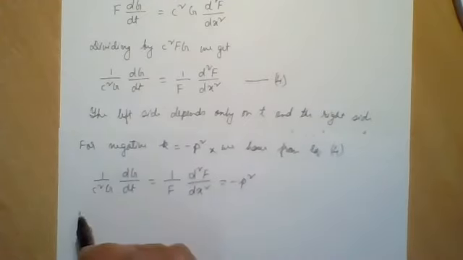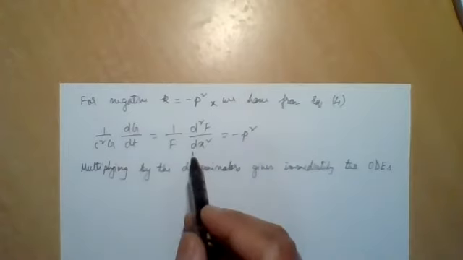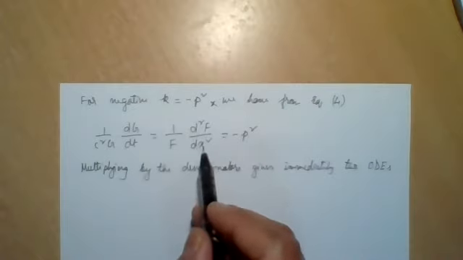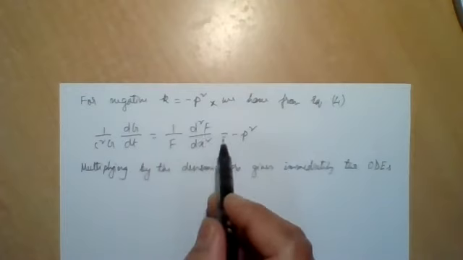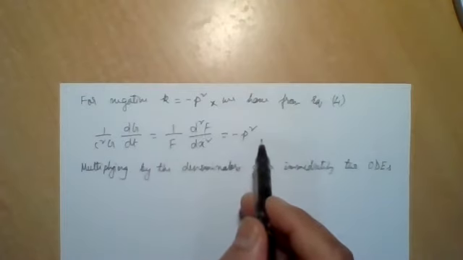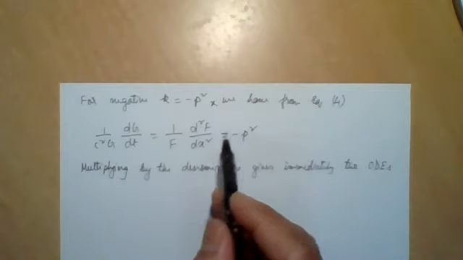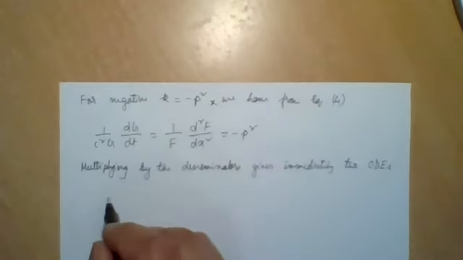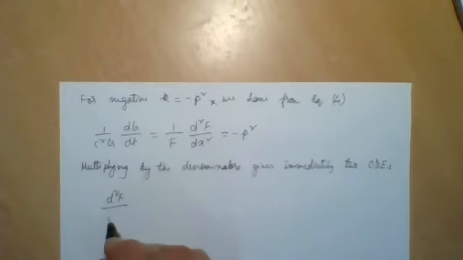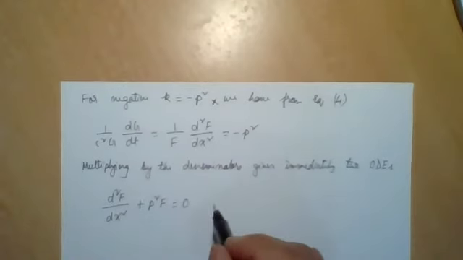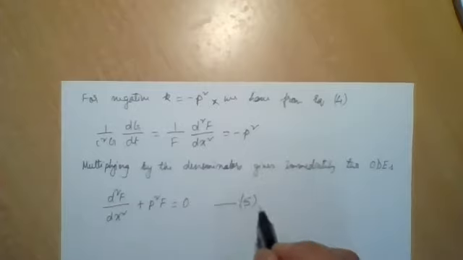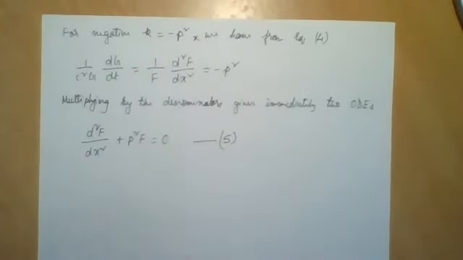What are they? If we look at the first, we get d2f by dx square, and multiplying by f on both sides, d2f by dx square is equal to minus p square f. Now bringing p square f to the left, we get d2f by dx square plus p square f equal to 0. This we call equation number 5.